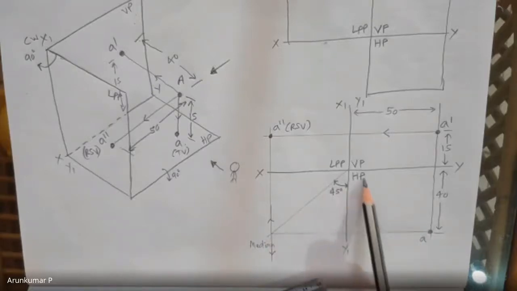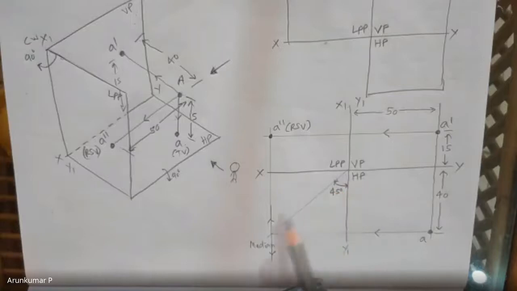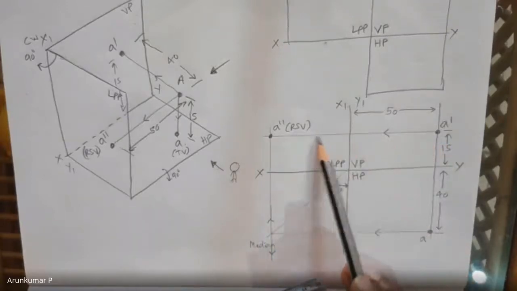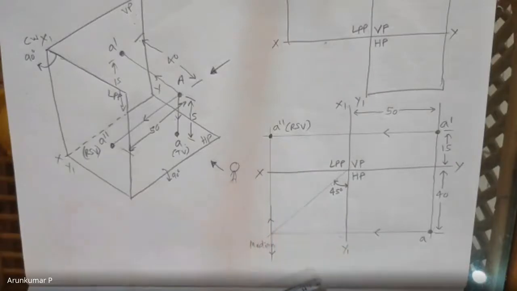Median line will be beside the horizontal plane. Then, depending on where your front view is, you have to go up or down. In this case, you have gone up, intersected with the projection of the front view, and you are getting the side view. This is how you have to deal with the side plane and draw the projections on the side plane.